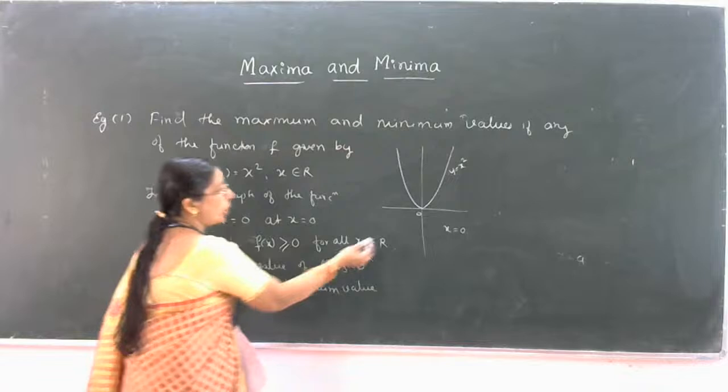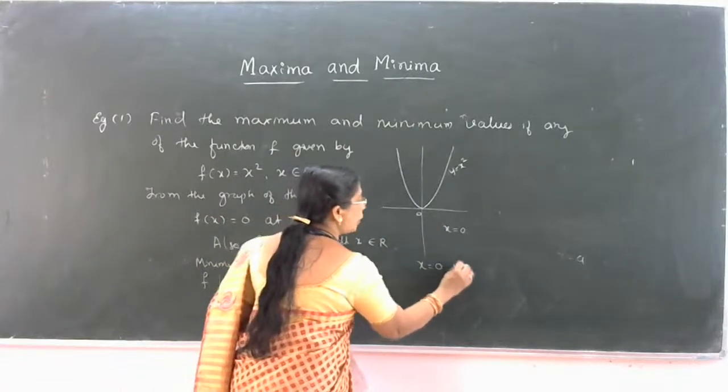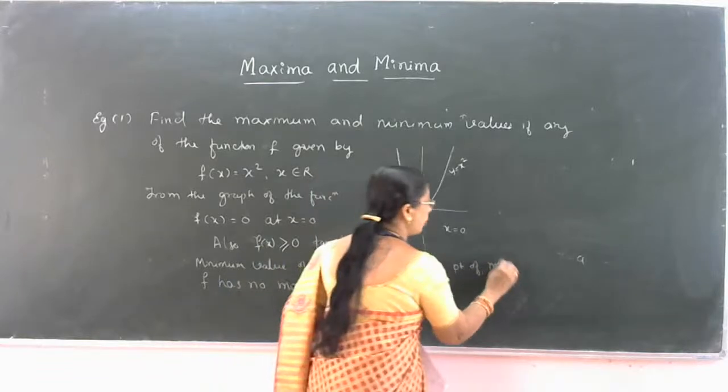The point of minimum value is x equal to 0.